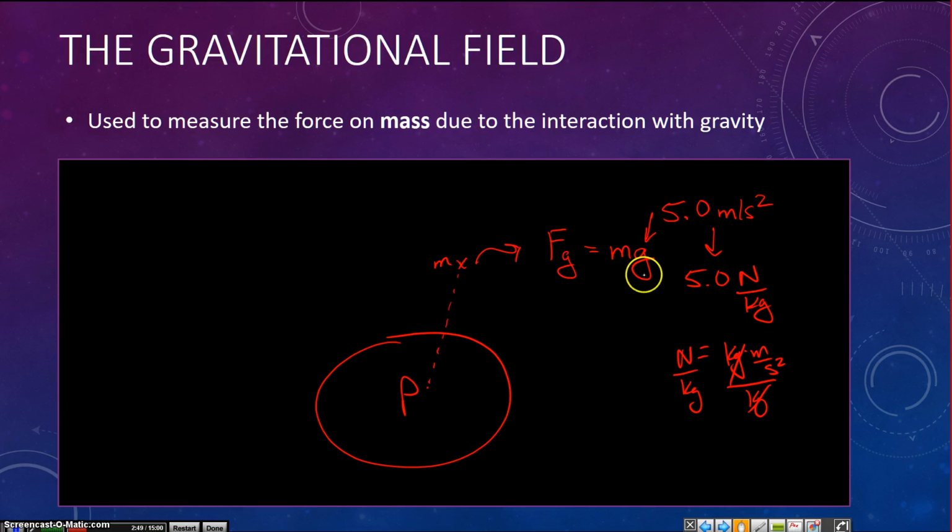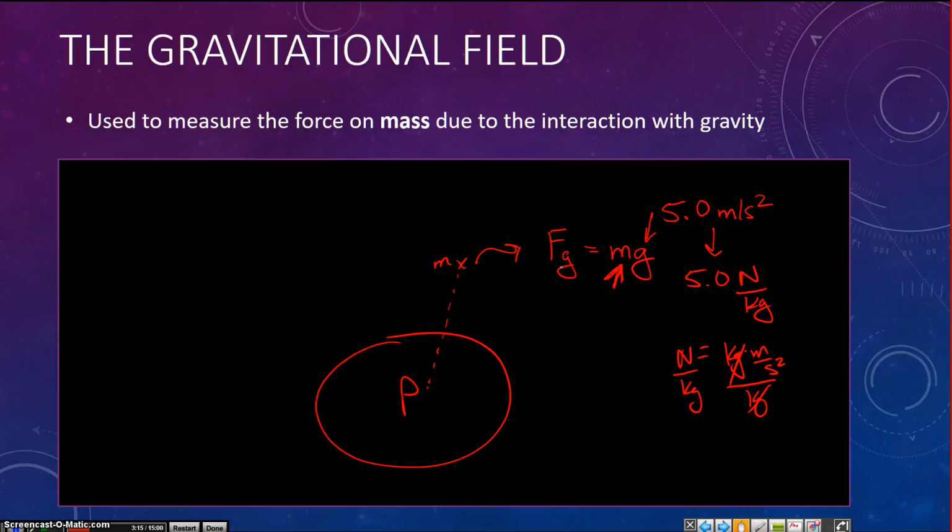So rather than thinking about this as an acceleration due to gravity, we can think of it as the strength of a gravitational field. And what I wanted to point out is that we can calculate this force by taking the property that interacts with this field that permeates throughout all of space around the planet times the field strength. So mass times field strength gives us force.